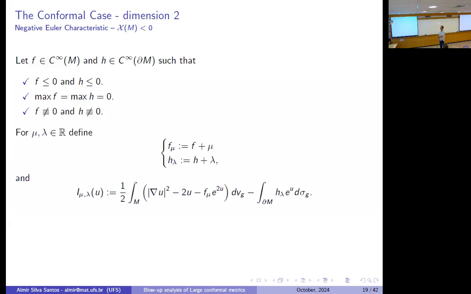Now you take a small perturbation of these two functions, f and h, define f_mu and h_lambda, and you have the corresponding functional here. By our previous results, if you have a solution for f and h, for small perturbation we still have a solution. So we want to analyze what is happening with these perturbations when the parameters go to 0.